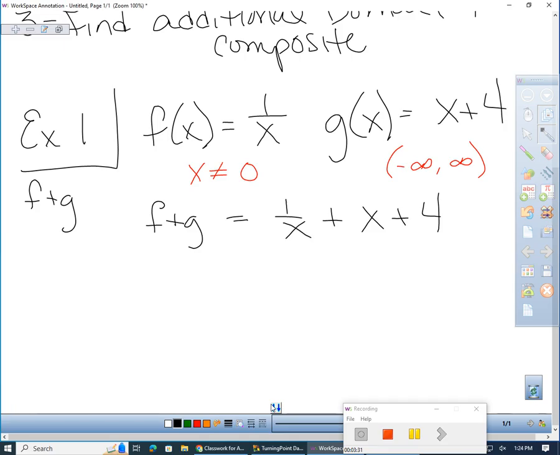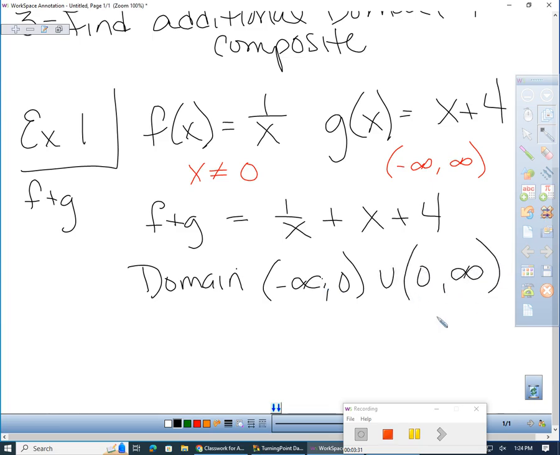In this case, there is not, because there's still just the x in the denominator, and there's no square root. So our domain has to include everything we know. It cannot exist at 0, but it can exist everywhere else. So our domain would be from negative infinity to 0, 0 to infinity.